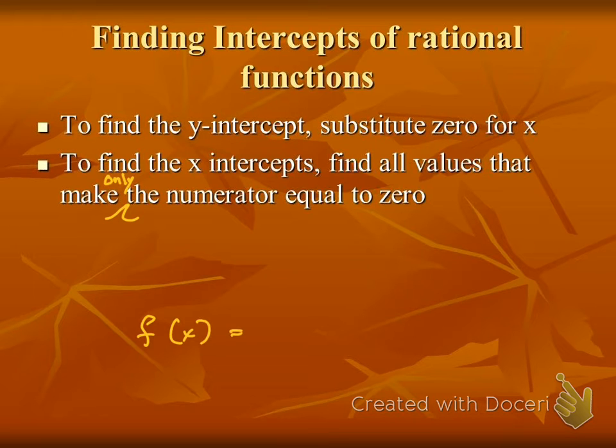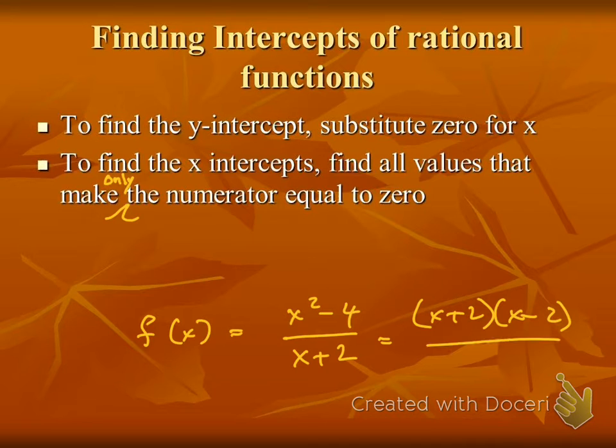So f of x equals x squared minus 4, same function we've been working with, over x plus 2 has an x-intercept only at values that only make the numerator equal to 0. The numerator is equal to 0 at plus or minus 2, but negative 2 makes both of them equal to 0. So what does this rational function have?